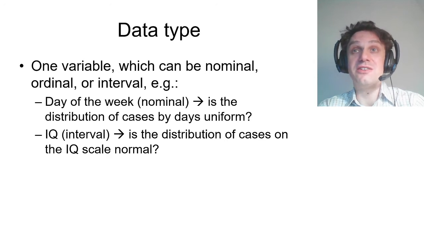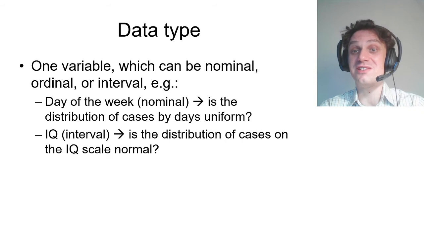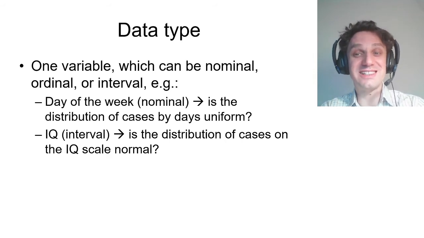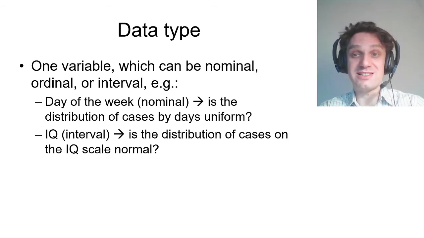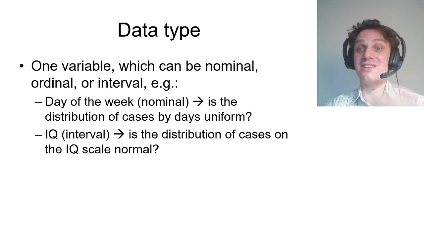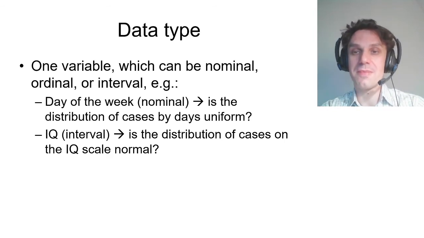For example, if it's a nominal variable like day of the week, imagine that you are working in a hospital as a doctor and you have different numbers of patients coming on different days. And you can ask the question, are the differences in the number of patients coming on different days just random, non-significant, and you can assume that your distribution comes from a population with a uniform distribution.